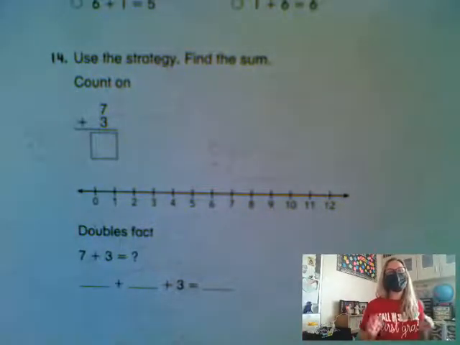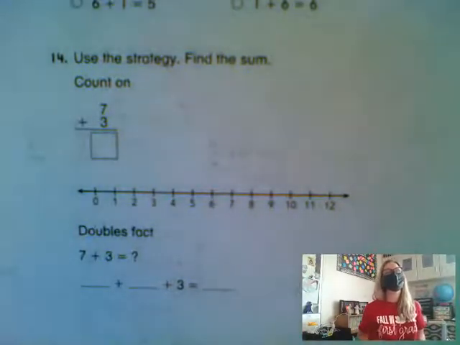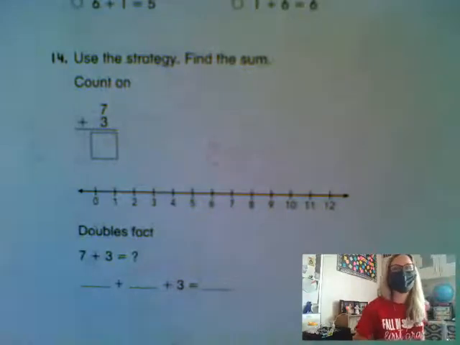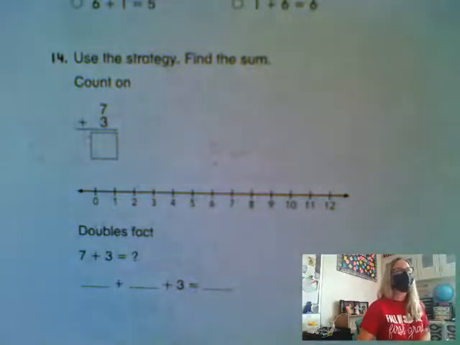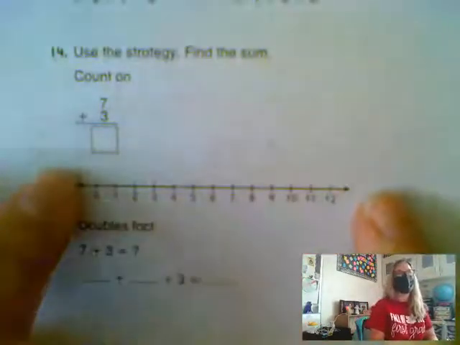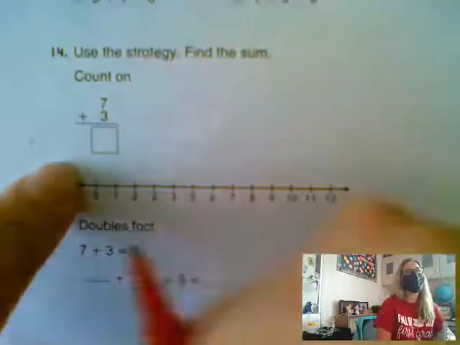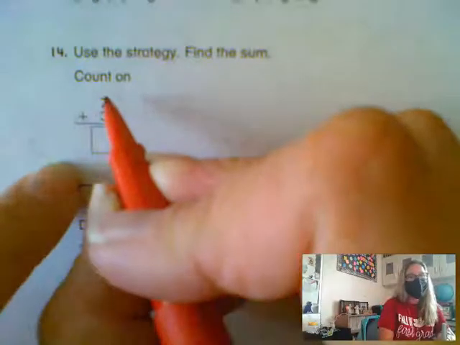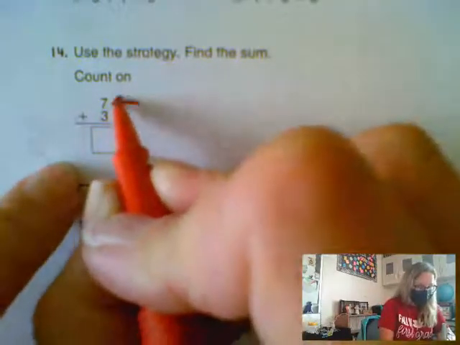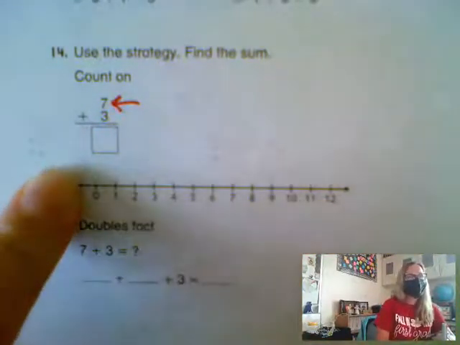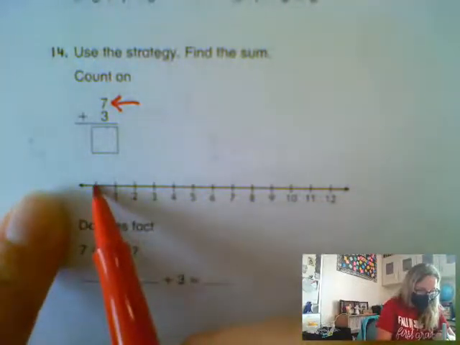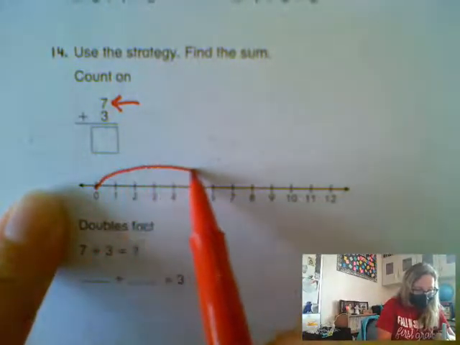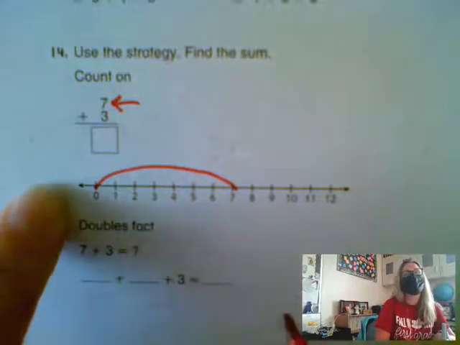Number 14 says, find the sum, use the strategy, count on. So, remember, count on, we use our number line. You have to show your work on the number line. So, find your bigger number. In this case, our bigger number is 7. So, our first jump is going to go from 0 all the way to 7, because that's our bigger number.